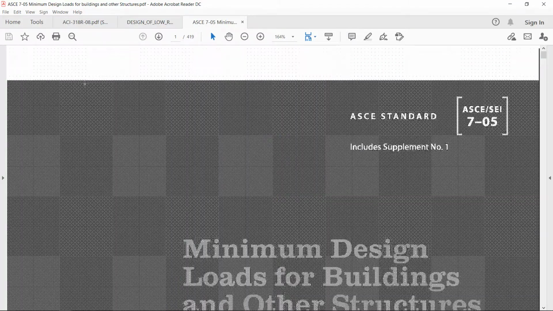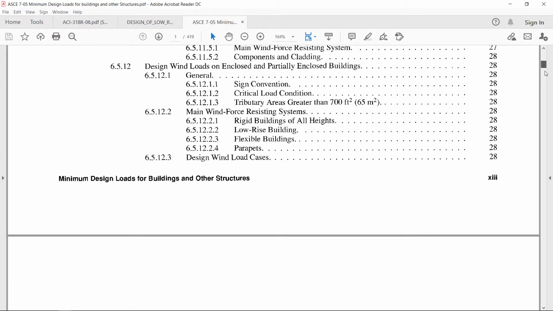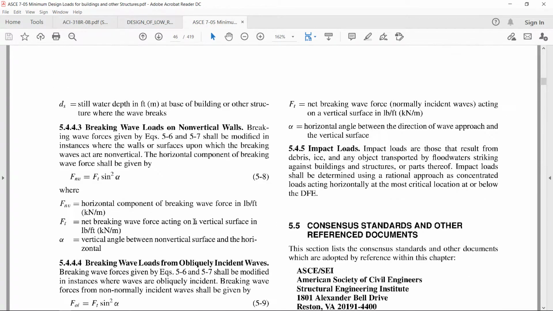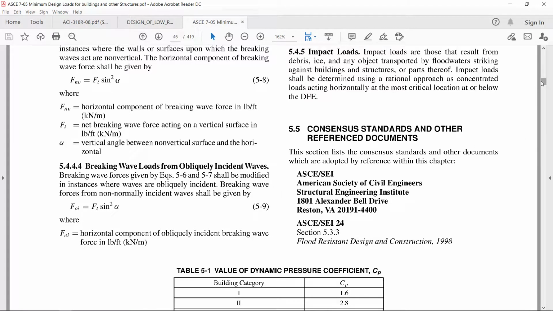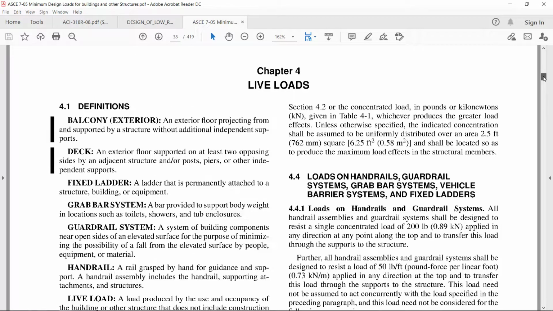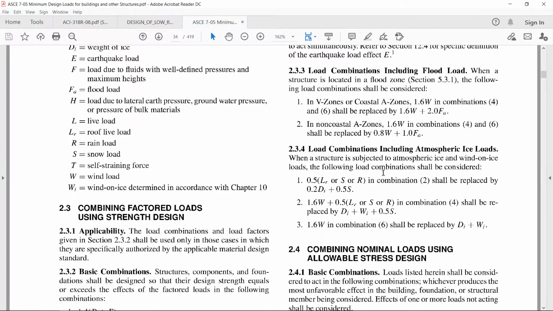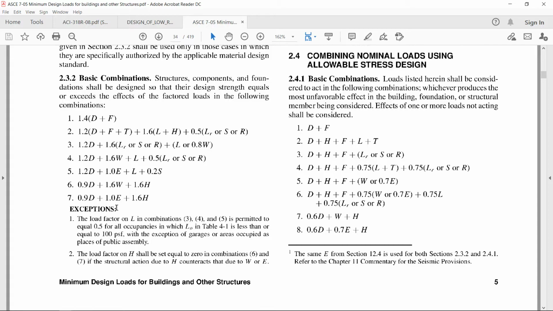So if we go to ASCE 7-05, then we see that the load combinations are given here. It's in chapter 2. The load combinations are here. And then I explained this especially for load combination number 5.